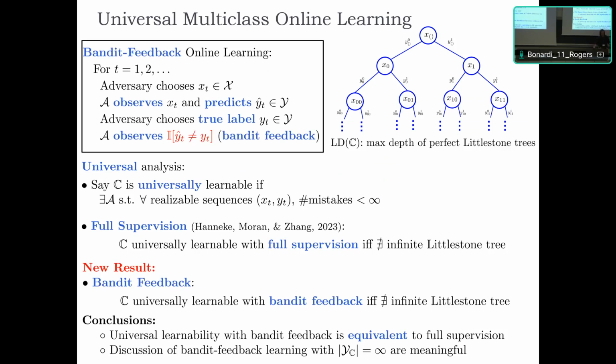And what's nice about that is that, in the cases of infinite effective label space size, you can still have a very reasonable discussion about how to design good algorithms for the Bandit feedback setting. So it sort of motivates algorithm design in a way that uniform analysis is not capable of doing.